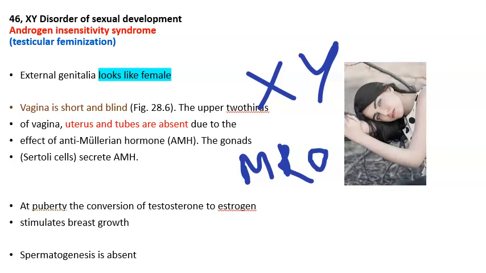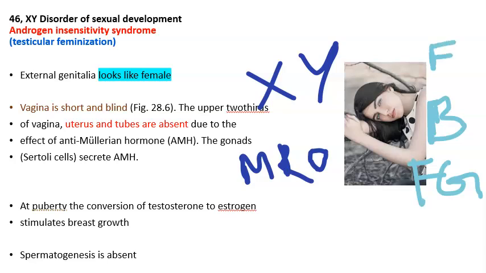But this person has female genitalia. External genitalia looks like female. Has breasts. And looks feminine. Why? So basically, look at this condition here. This is an androgen insensitivity syndrome, testicular feminization.